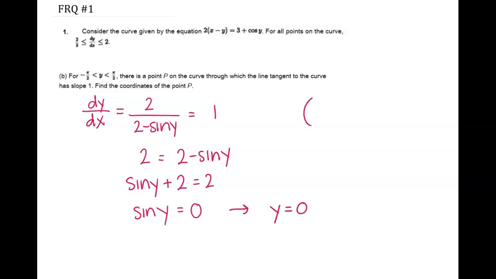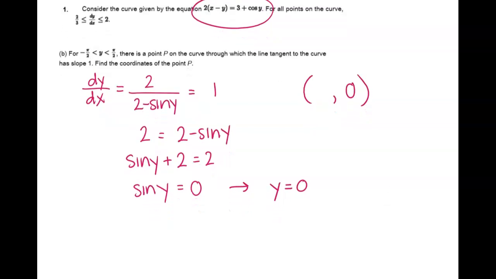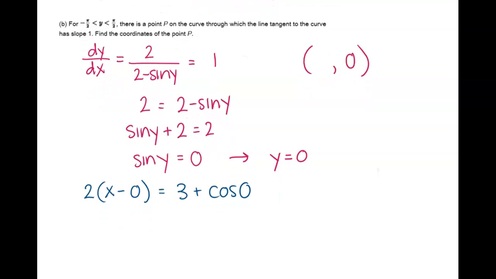So now we have part of our coordinate pair. We know the y value. And to find the x value, we'll go all the way back up to the beginning. So let's plug in 0 for y. We end up with 2 times x minus 0 equals 3 plus cosine of 0.